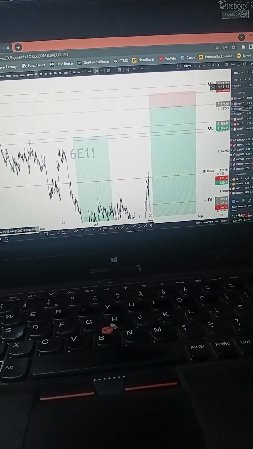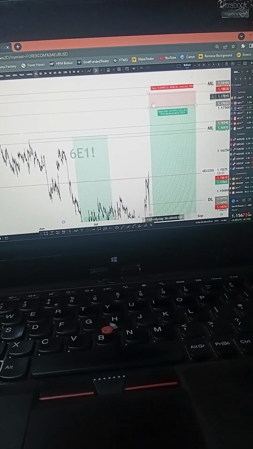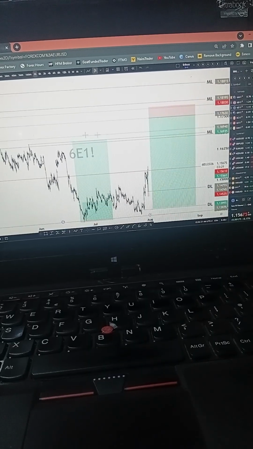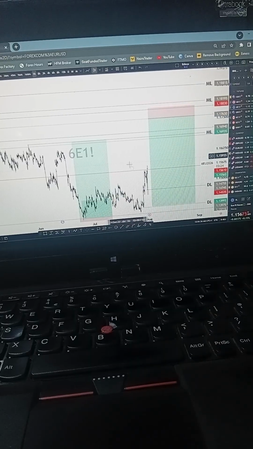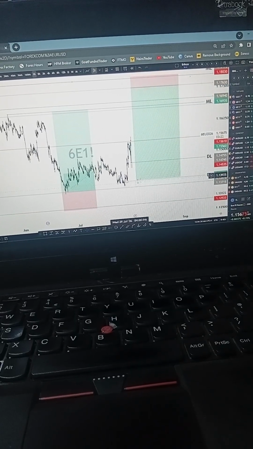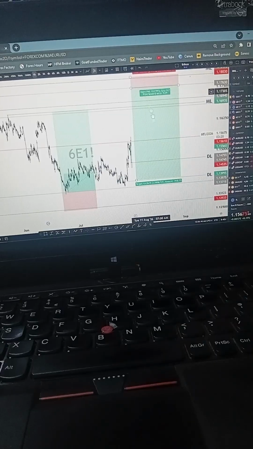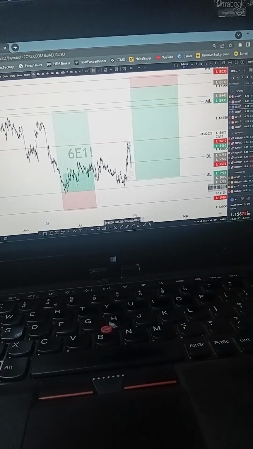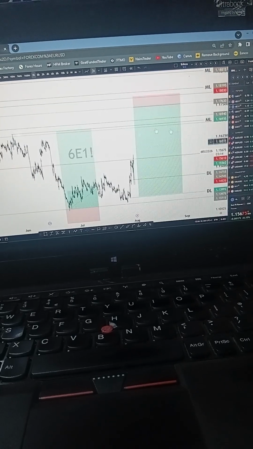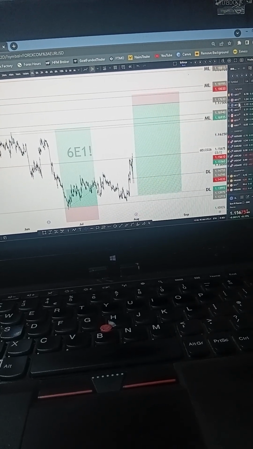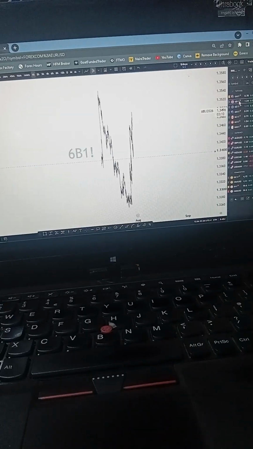So if market should come into this daily zone, which I have highlighted here, then I'll be expecting a sell from there back to this daily liquidity. It will take out any other liquidity that was generated here. That's why I said it is not that clean, and that's why I'm not really calling it.